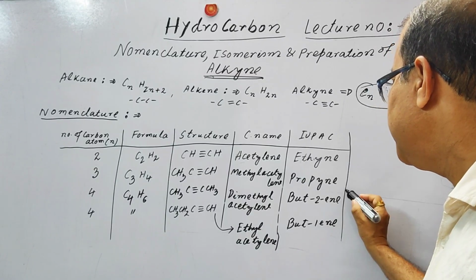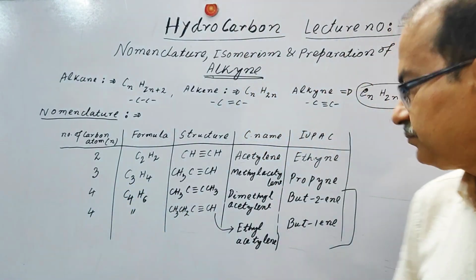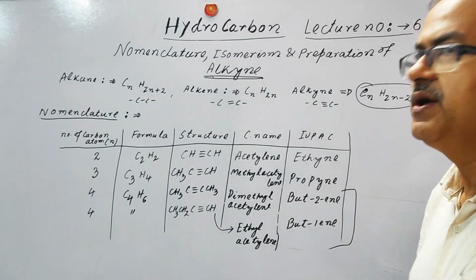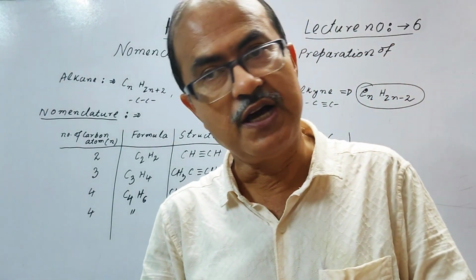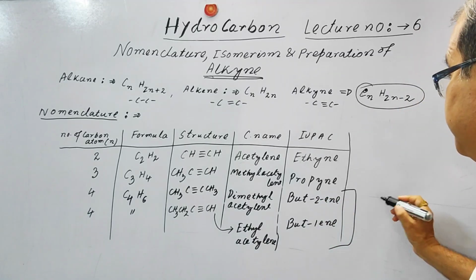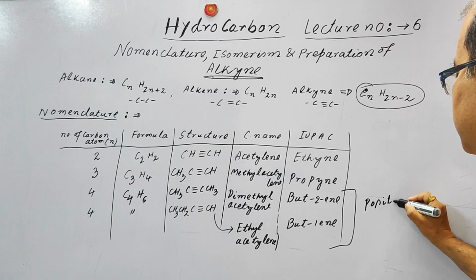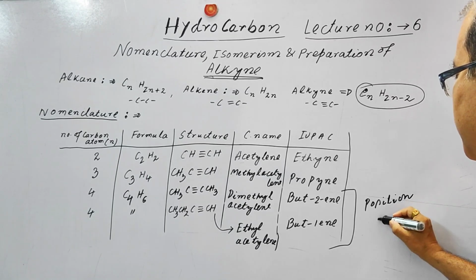So you can observe that butyne has two structures, but-2-yne and but-1-yne, and these are called position isomers.